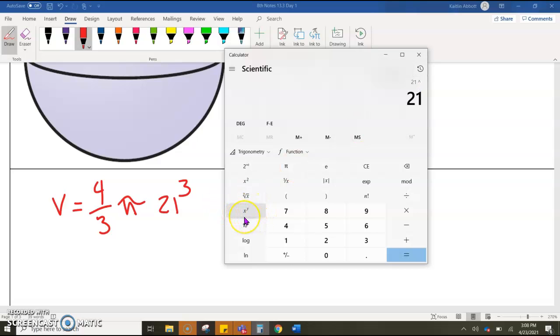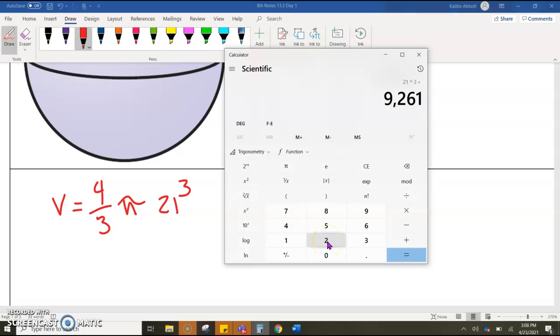So this button has X to the power of Y. This one's X to the power of 2 because we just want it squared. But now we don't want it squared, we want a 3 up there. So we're going to click the button that has a variable X and Y, and now we're going to click 3. Press enter.